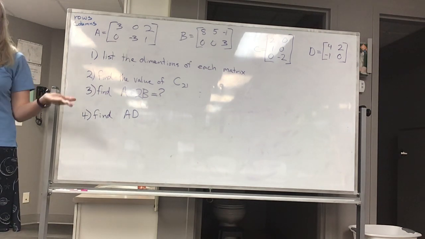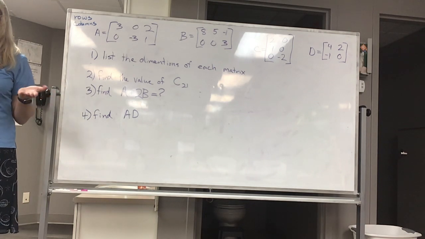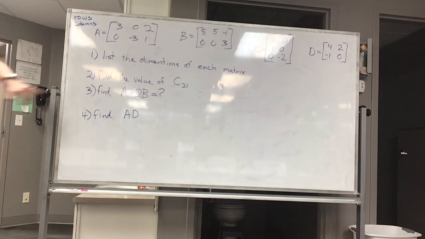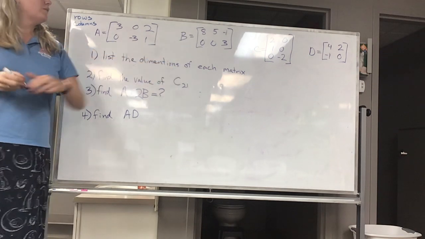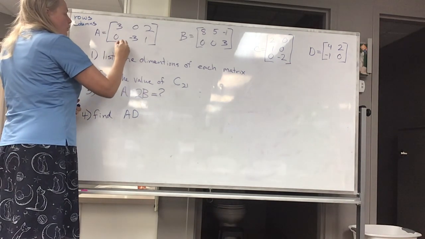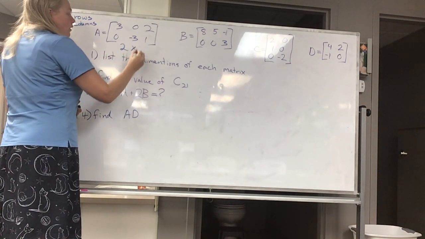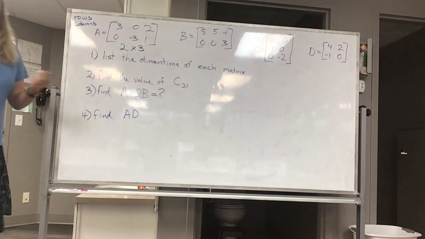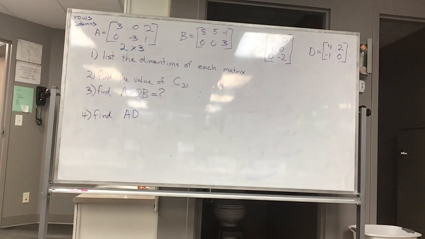So we're going to do rows first and then columns. When we say list the dimensions of each matrix, it's just the number of rows by the number of columns. So A has 2 rows, 3 columns. It's a 2 by 3 matrix.